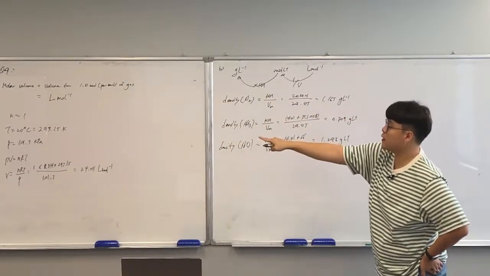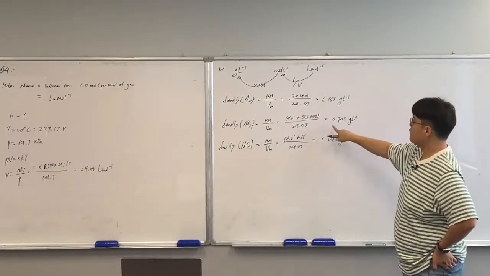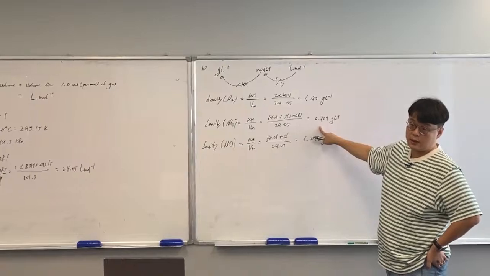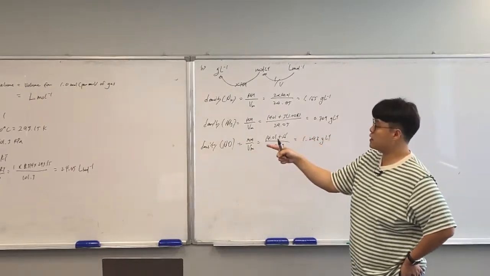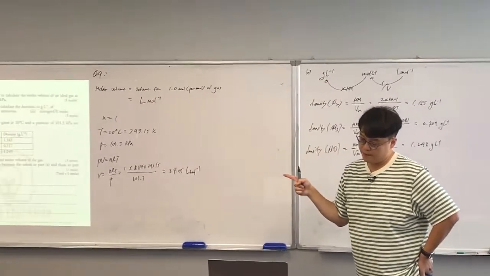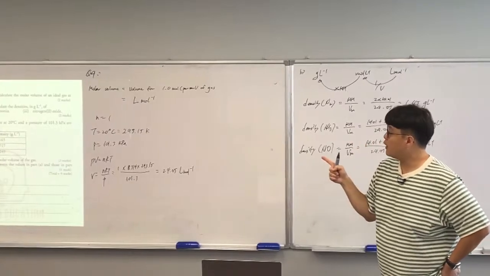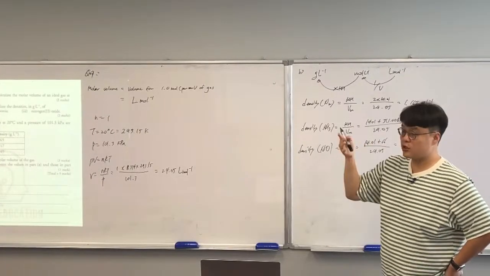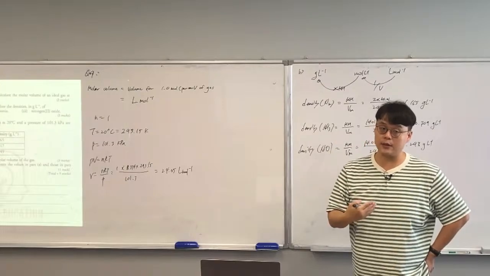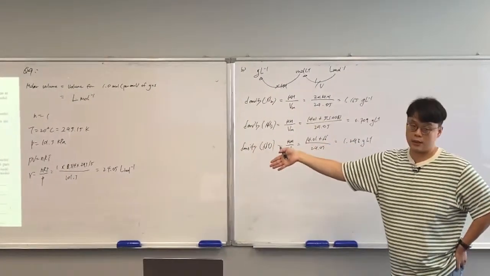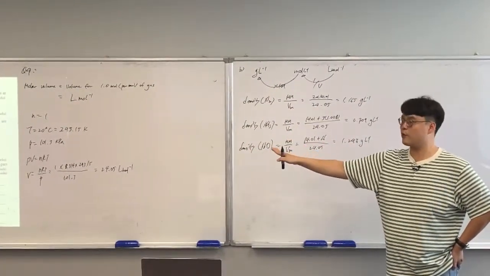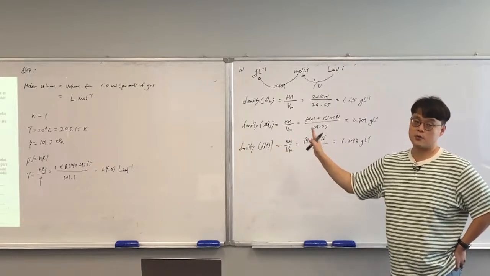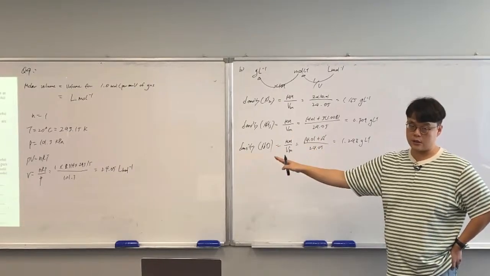But for ammonia, we calculated 0.709, but the actual density was 0.717. And then nitrogen oxide is given at 1.249. That's actually what we measured practically. That's theoretical, and that's practical data. Then we have to think about what makes the difference between the theoretical and practical data later on.